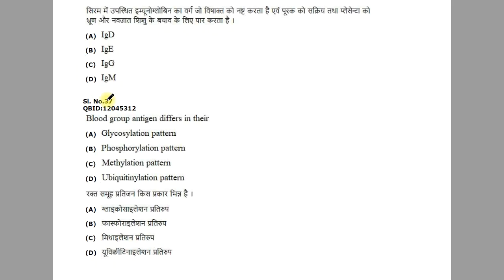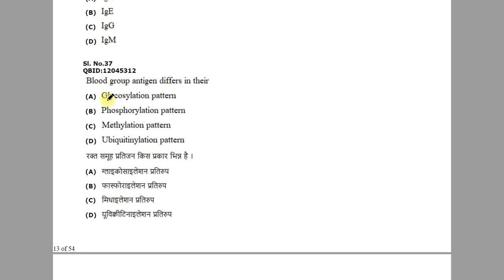Question number 37, another simple question. The blood group antigens differ in their A. glycosylation pattern, B. phosphorylation pattern, C. methylation pattern, D. ubiquitination pattern. So here we know that there are blood group antigens. These are the A and B antigens, and there is also the H antigen.